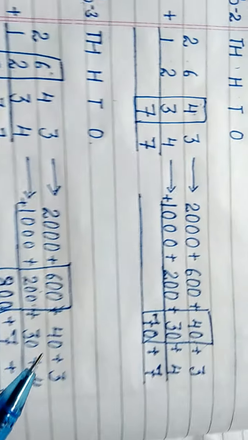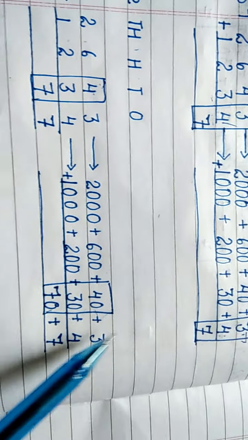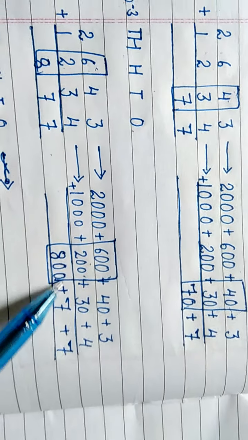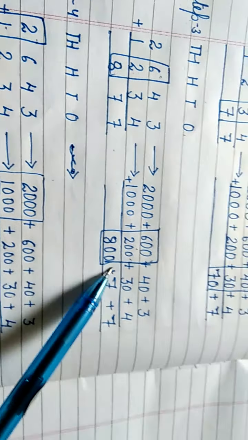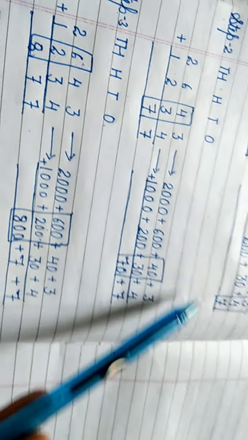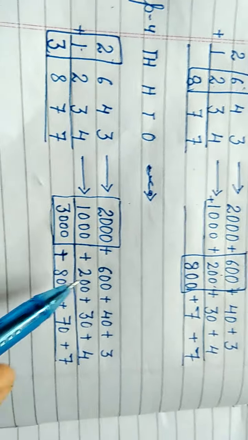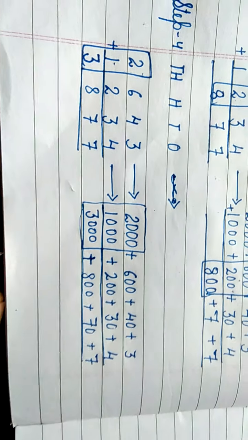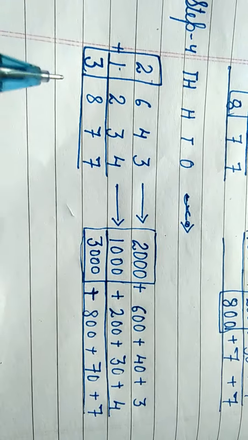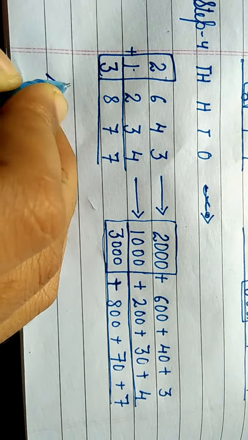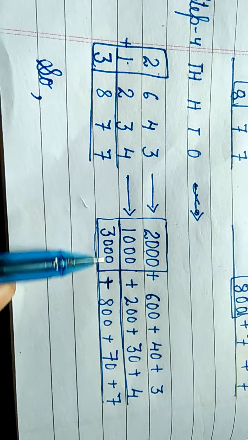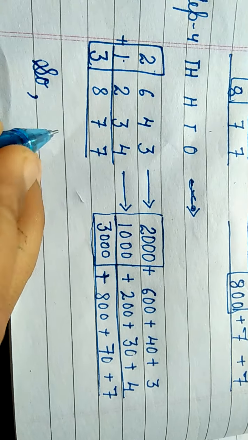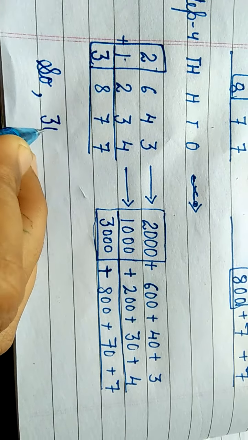Now we have to write the answer for this. We have to look at the highlighted answers made in all 4 steps and write them down. Okay. So in step 4, the highlighted answer is 3000.